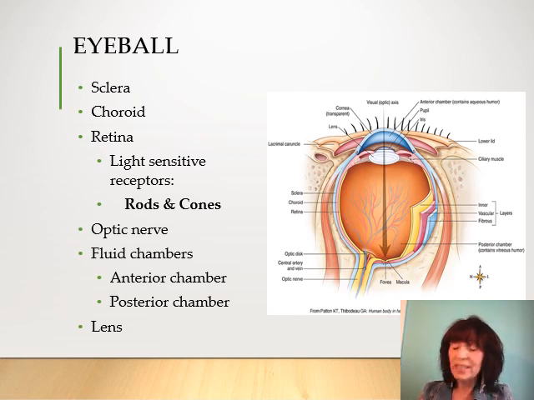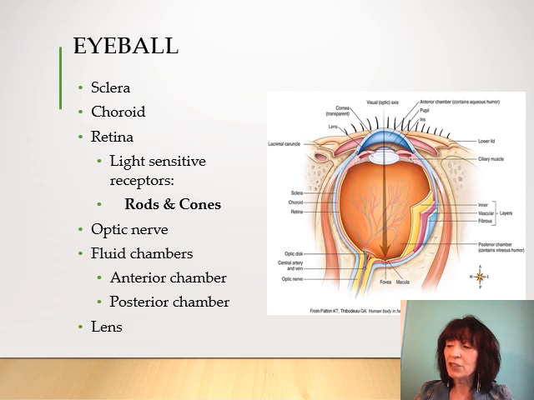It's produced in the ciliary body and it flows over the lens, through the pupil and out the trabecular meshwork into the canal of Schlemm. Interesting names, aren't they? The canal of Schlemm returns the fluid to the venous circulation. The function of the aqueous humor is to moisturize and nourish the lens and cornea.